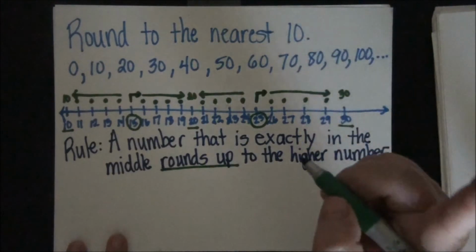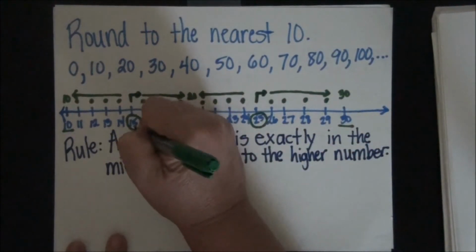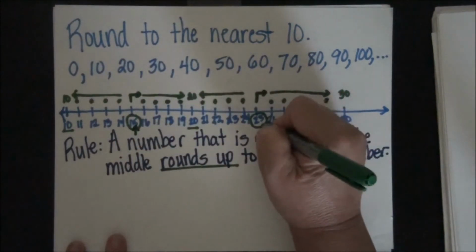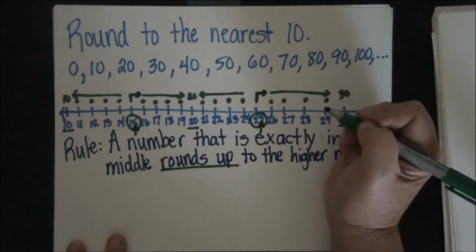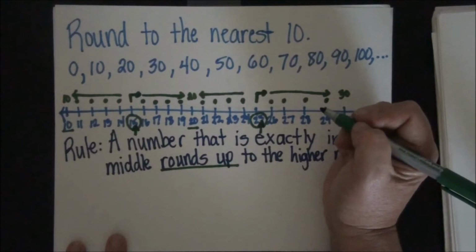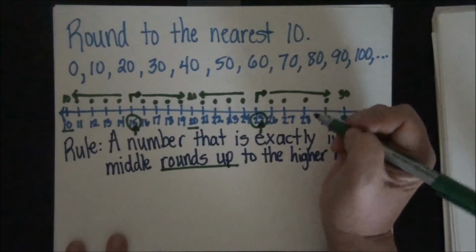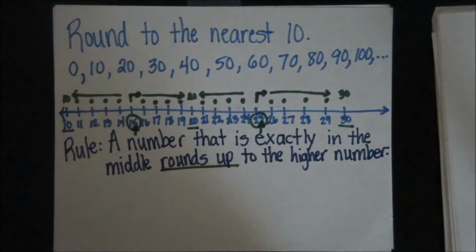Okay? Now I want you to notice something. Look at the ones place on 15 and the ones place on 25. Notice that they both have 5s in the ones place. Here's something to remember.